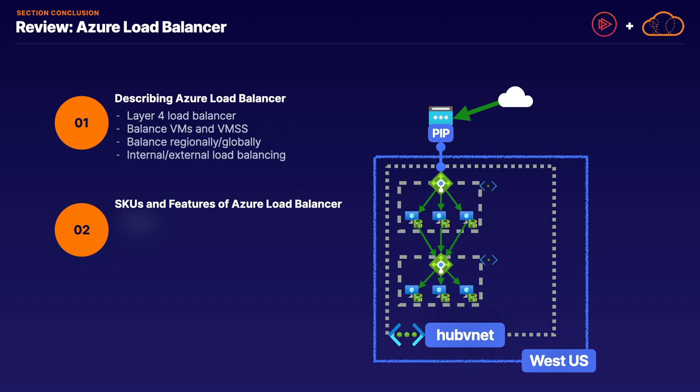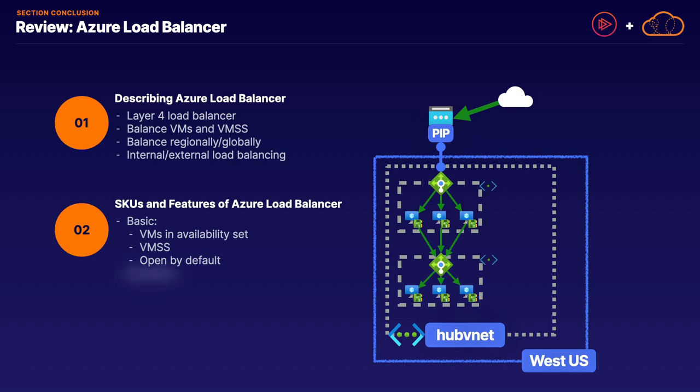The basic SKU provides us that availability for using VMs in an availability set in the backend pool, or VM scale sets. Now with the basic SKU, as we talked about, it's open by default, meaning we have to use a network security group to be able to protect that traffic because it uses a basic SKU public IP. That's why it's open.